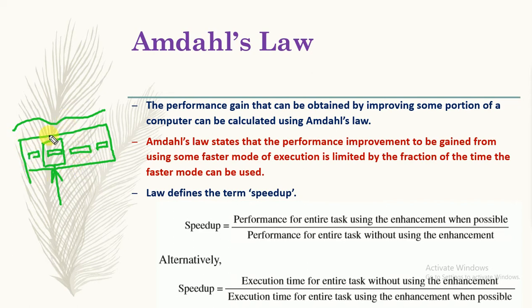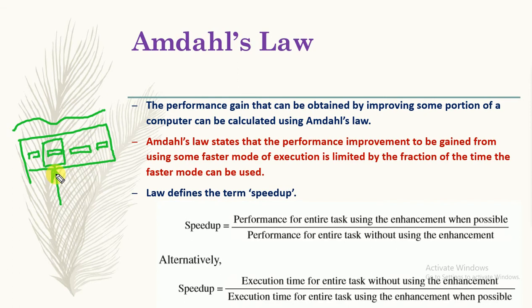For example, this is the entire computer, which has the input device, a CPU, a memory, and an output. So in the CPU I am going to give some enhancement. This is only an example, but internally we have several sub devices available. There we need to consider those devices or units that are very frequently used, and in those areas we need to add some enhancement.